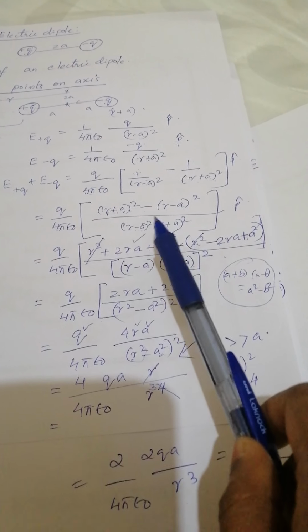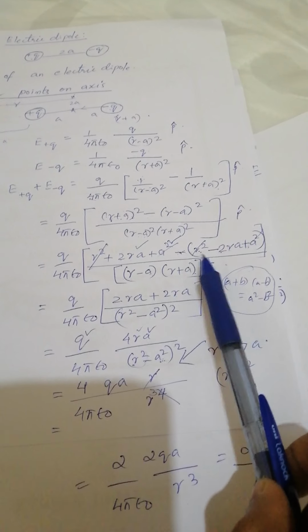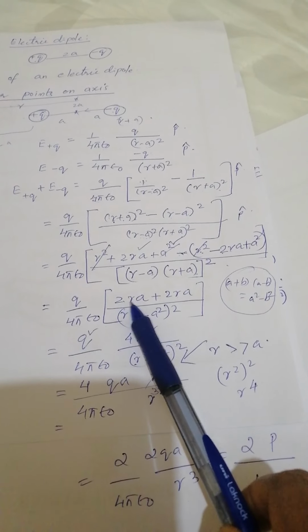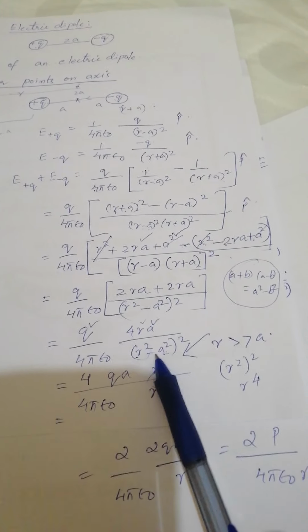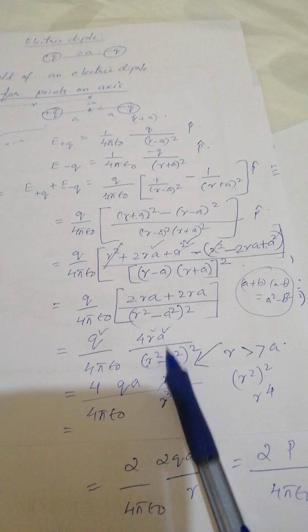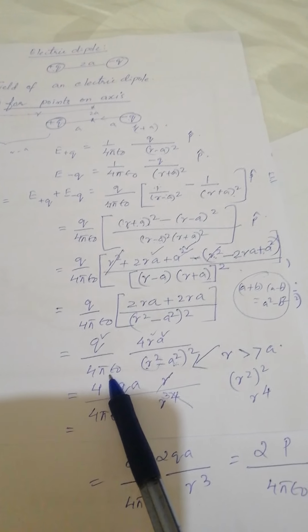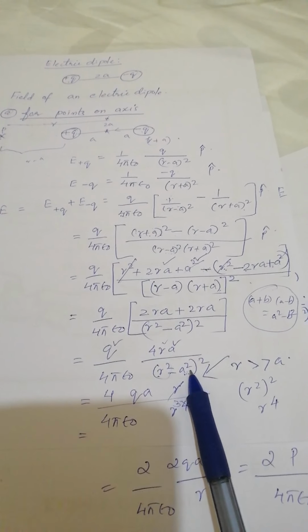We take the square outside, so it becomes r square minus a square, whole square. So the equation we got is q divided by 4 pi epsilon 0 into 4ra divided by r square minus a square whole square.